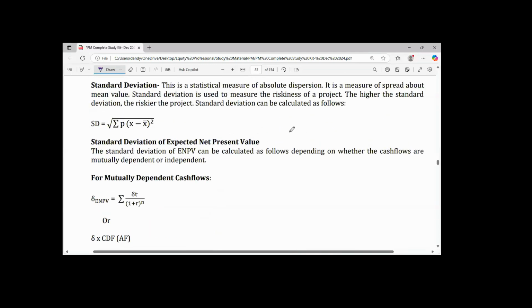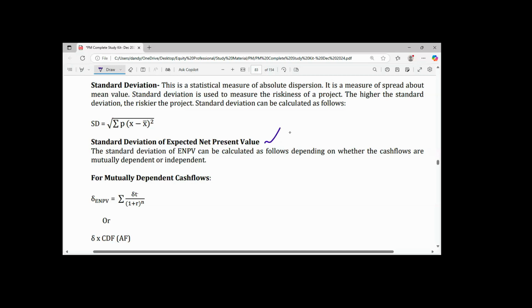All right. Whenever you are asked to compute the standard deviation of expected NPV, there are two different formulas that you can use, depending on the nature of the cash inflow.